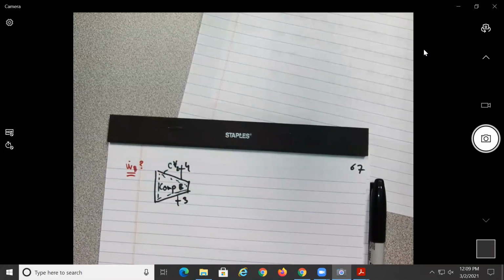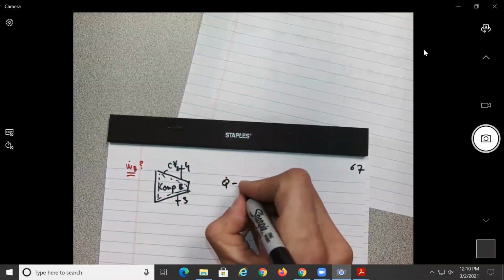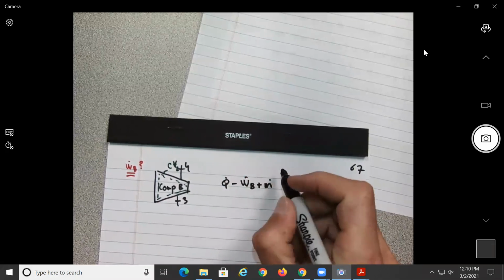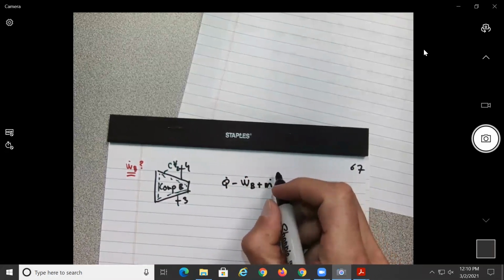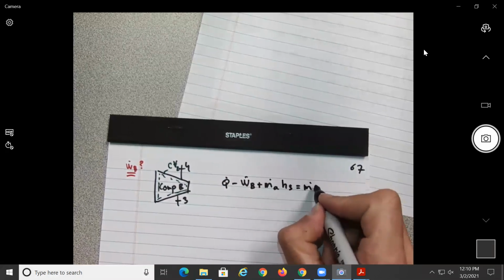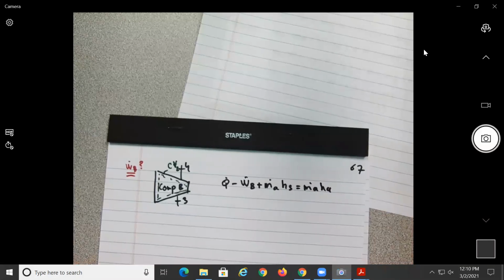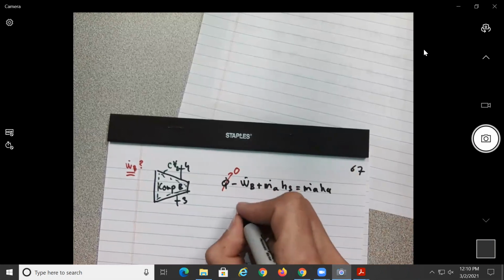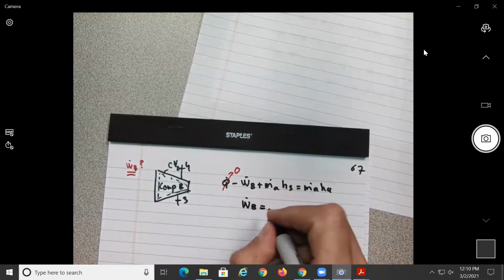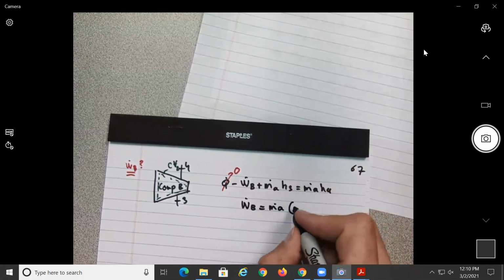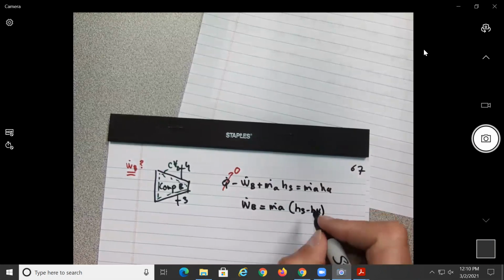For control volume 2, the first principle of thermodynamics is Q dot minus power B plus M dot of air, H3, equal to mass flow of air, H4. As before, heat transfer is 0. So the power required to run the compressor is the mass flow of air, H3 minus H4.